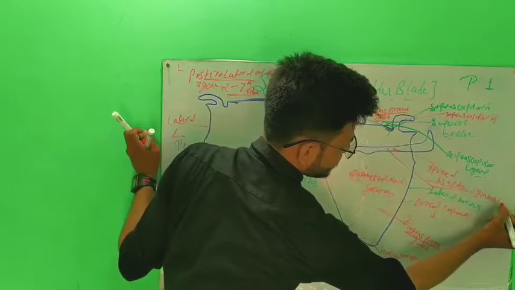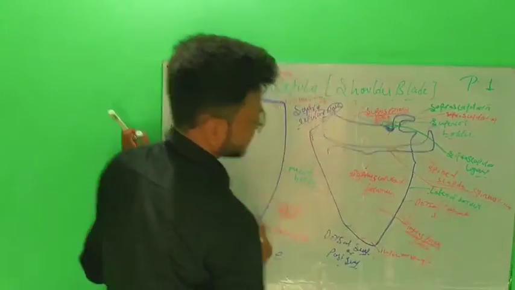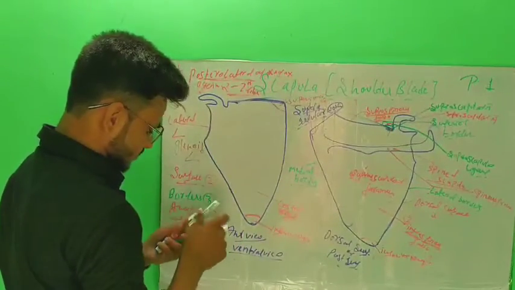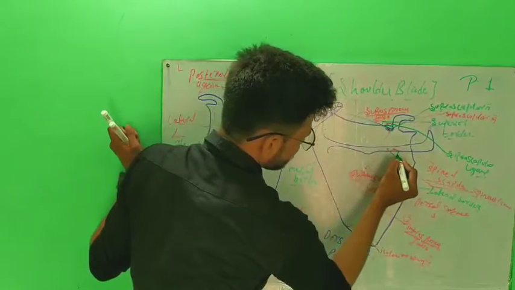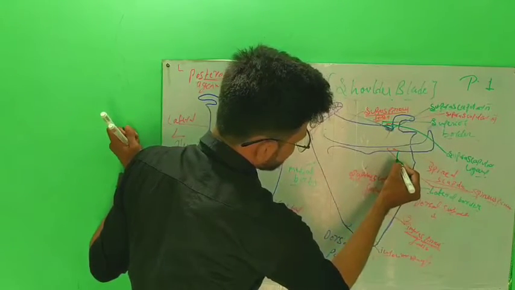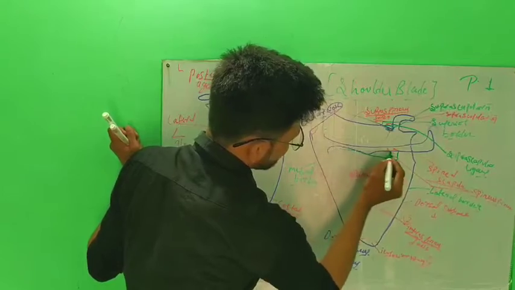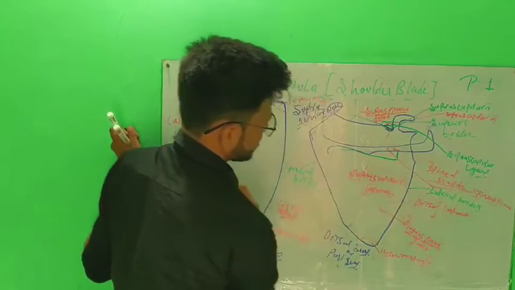This spinous process has three surfaces: this is the lateral surface, this is the posterior surface, and this is the anterior surface.